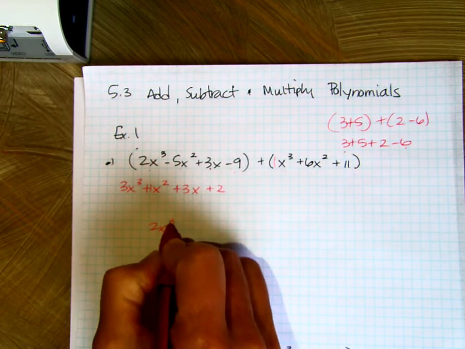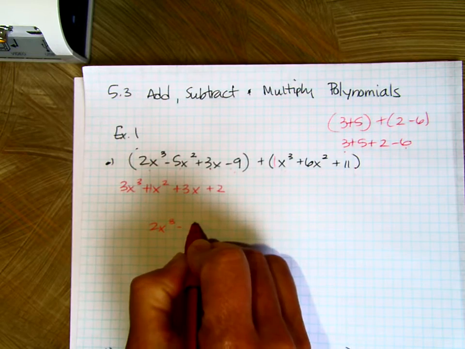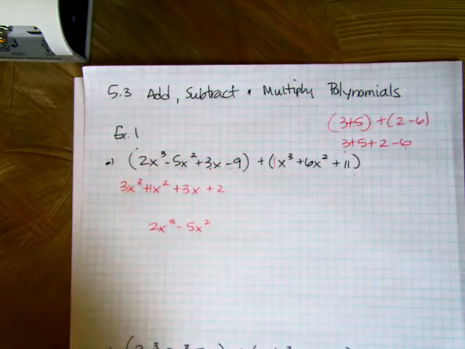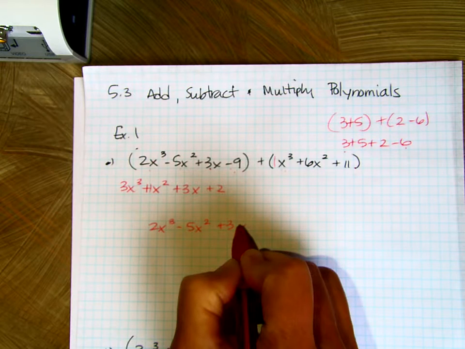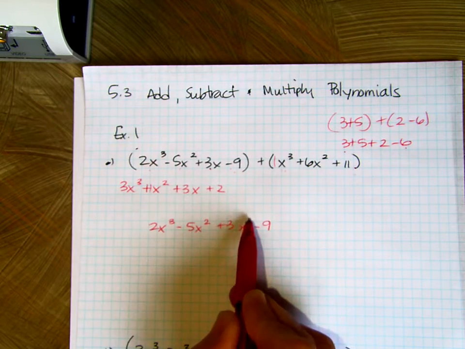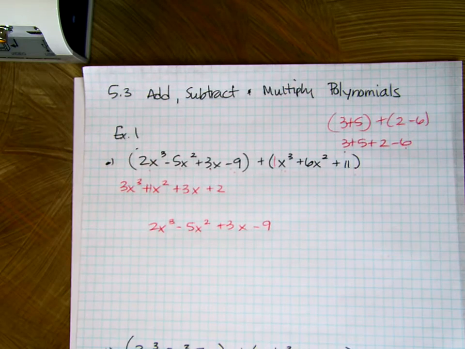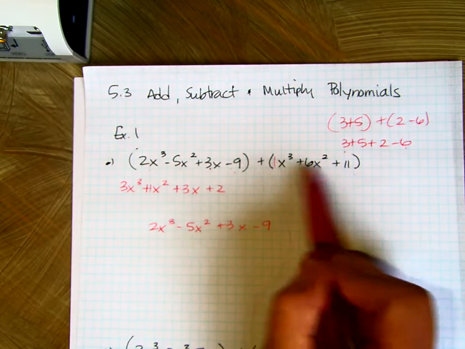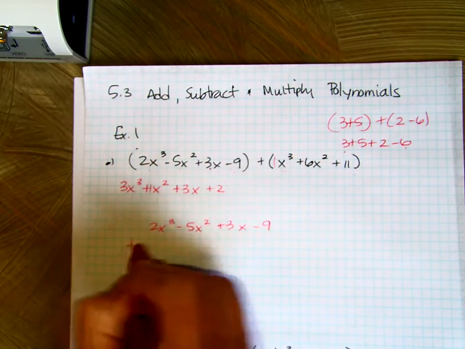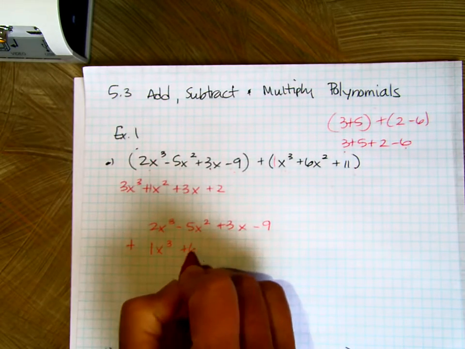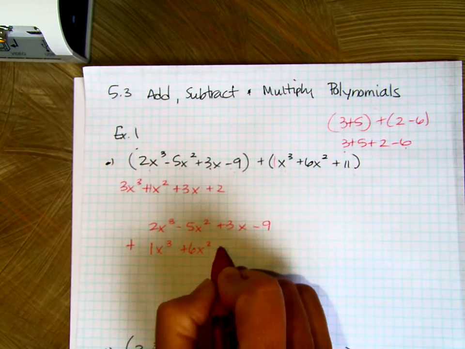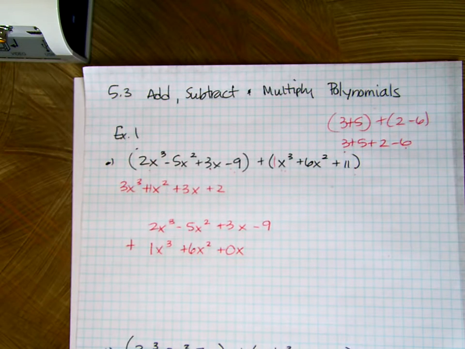So here is this polynomial. And again, it goes back to some of those prior things we were talking about in terms of keeping everybody in their place. So here's my x cubed, my x squared, my x to the first, and essentially my x to the 0. And then when I come over and I'm adding this, I do have an x cubed term. I do have an x squared term. I don't have an x to the first term, and I do have a constant.